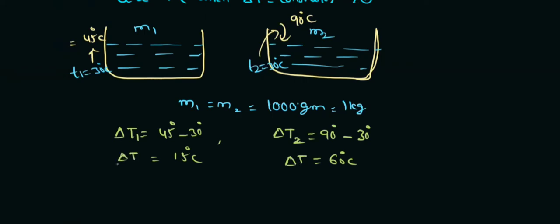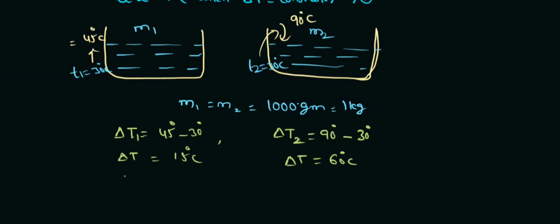Delta T is different. Now, in which case is the rate of rise of temperature going to be more, the first beaker or the second beaker? Definitely you can understand, the second beaker. Why? Because delta T is more.